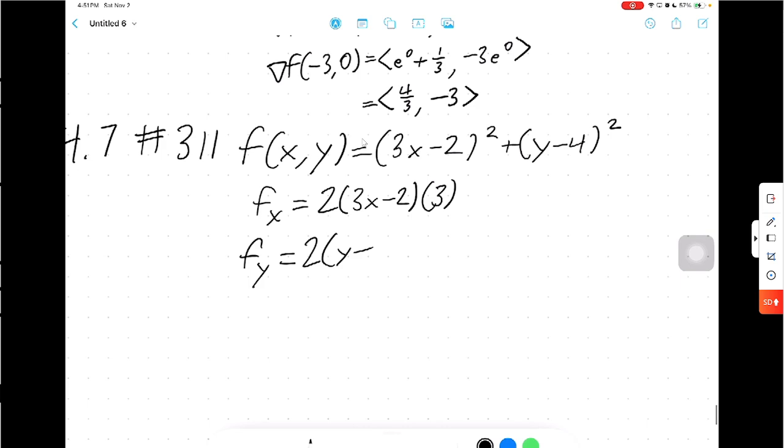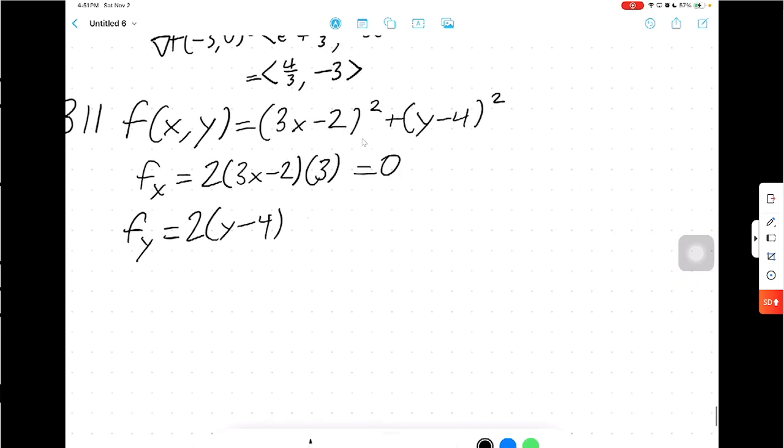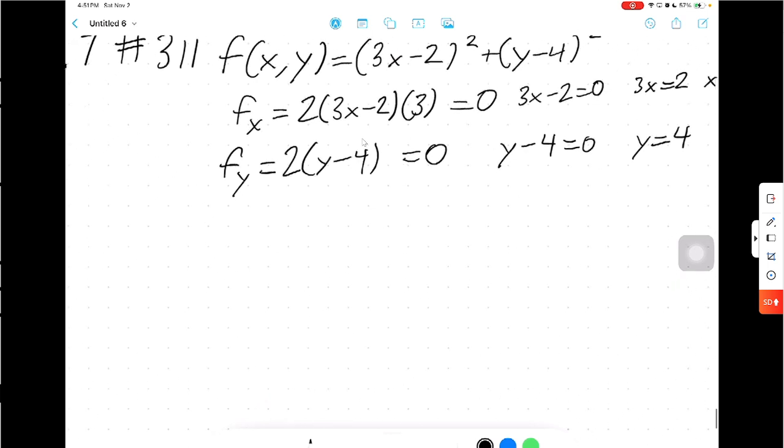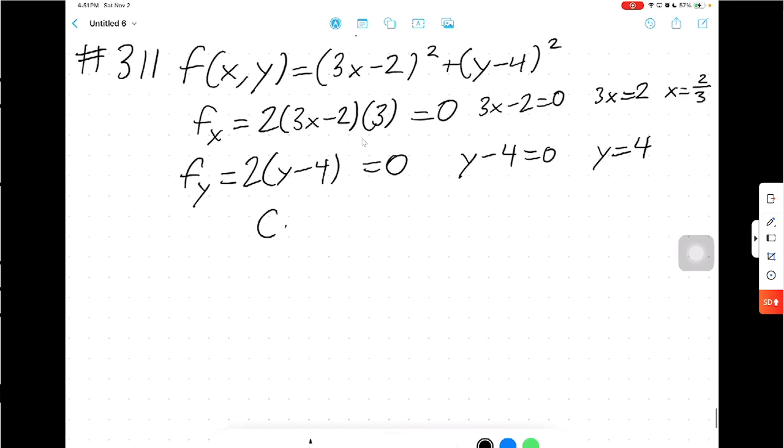And then the same thing here. And then I'll set them equal to 0. Here, y minus 4 needs to be 0, and 3x minus 2 is equal to 0. 3x equals 2, x is equal to 2/3, y is equal to 4. And that's the only critical point.